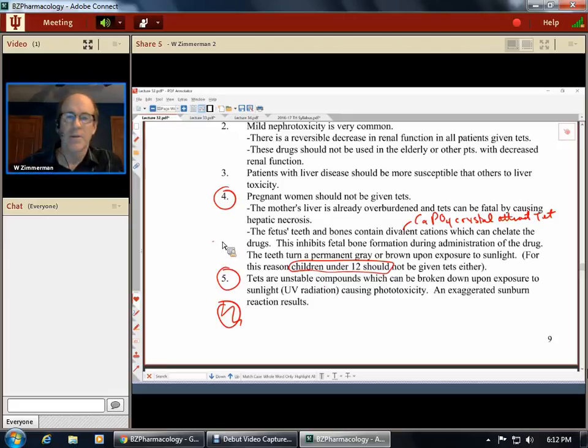And this relates a little bit to this next problem. The tests are unstable compounds, which get broken down upon exposure to sunlight, causing a phototoxicity. Doxycycline will cause a blistering sunburn. You just can't go out in the sun with it.